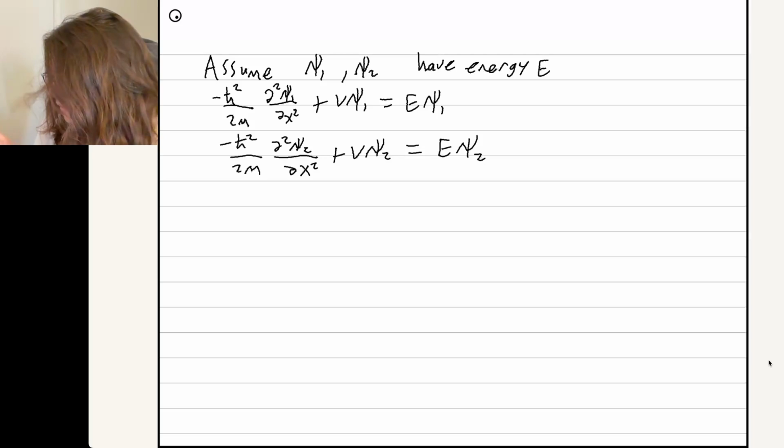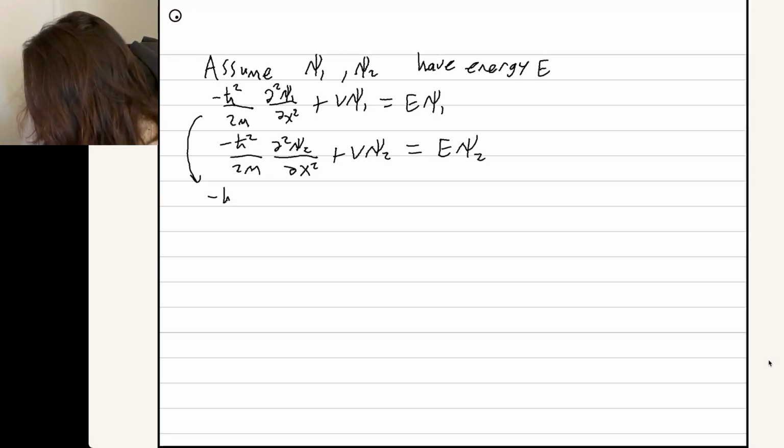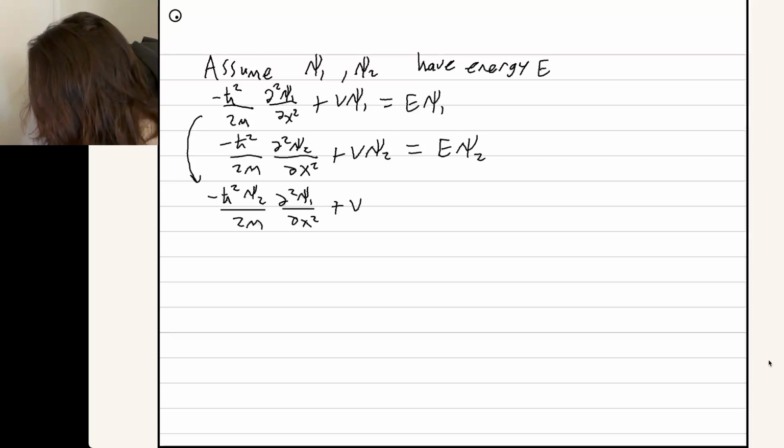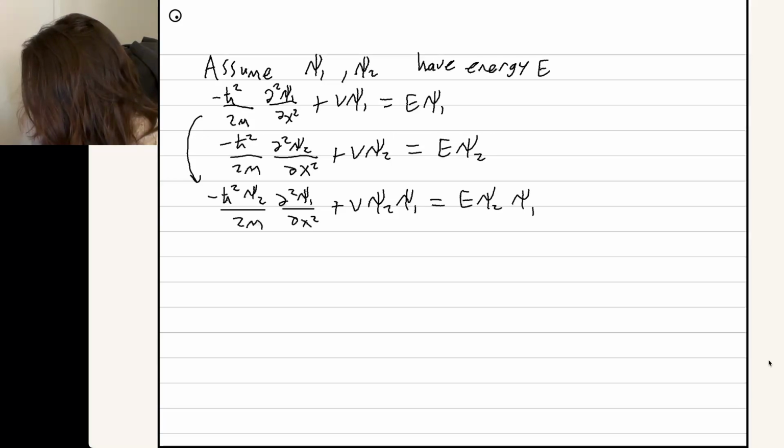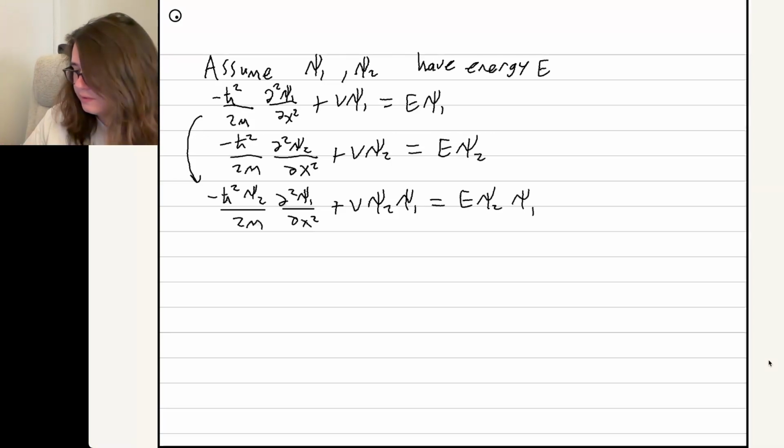Okay. Griffiths suggests that we take this first equation and multiply it by psi2. So let's do that. We've got this thing, and now we have plus V psi2 psi1 equals E psi2 psi1. But we know what E psi2 is. It's given by this equation here.